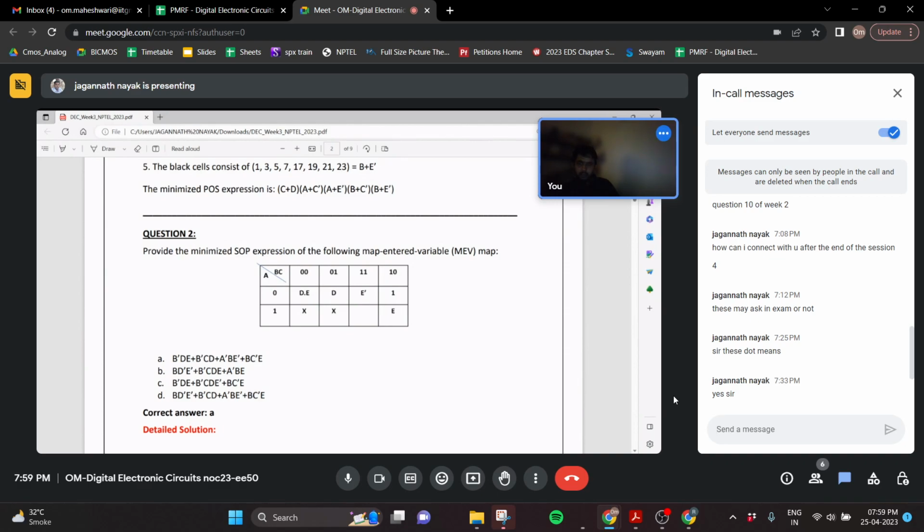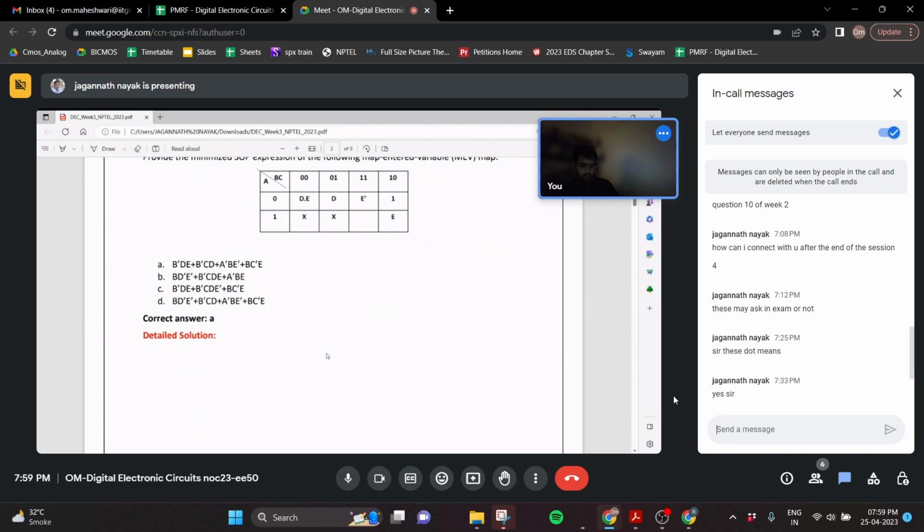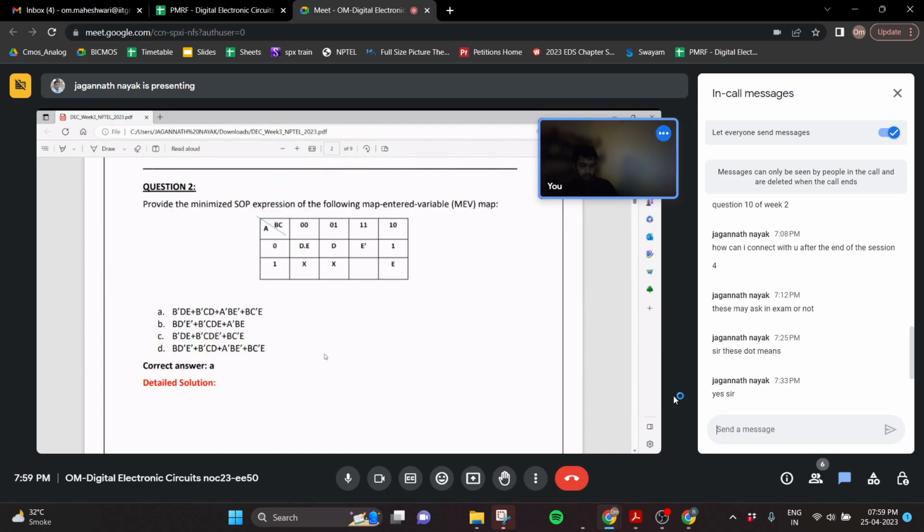B bar D, B bar C D. Okay. A bar B bar D bar B bar. Okay. B C bar, B C bar. Okay. Now you can close your screen share and I'll share.